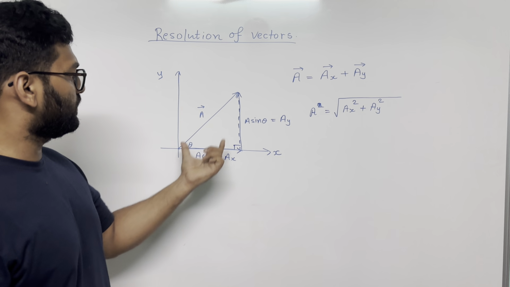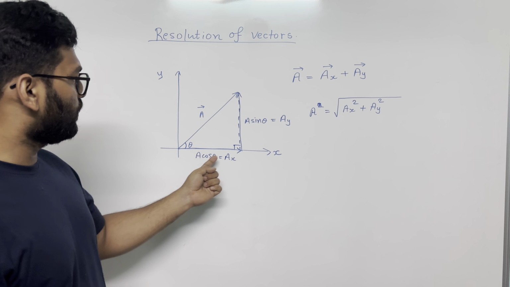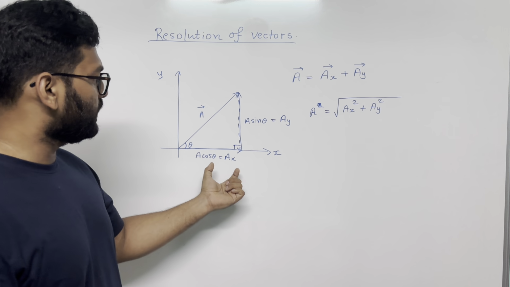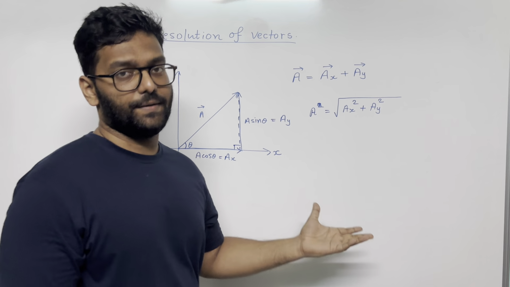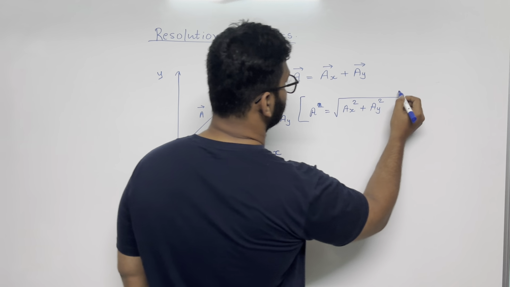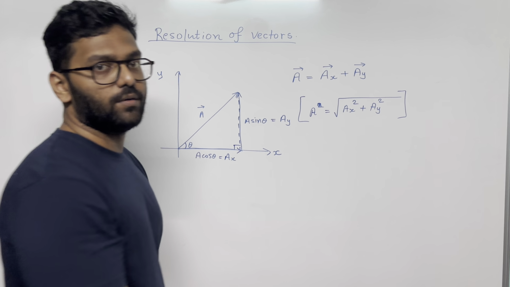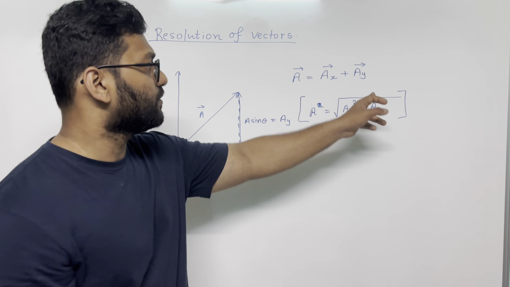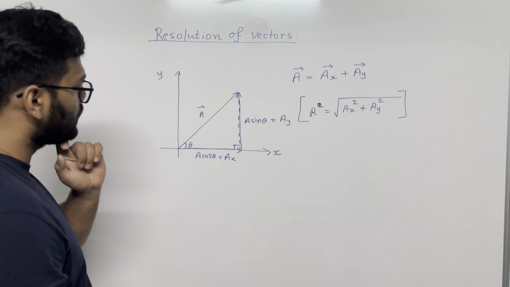You can say a square is equal to ax square plus ay square, where ax is a cos theta, ay is a sin theta. If you do it, you will get a square cos square theta plus a square sin square theta, which is equal to a square, right? So you can write the magnitude of the vector like this: addition of the squares of the components, and then you take the square root. Okay, all right.